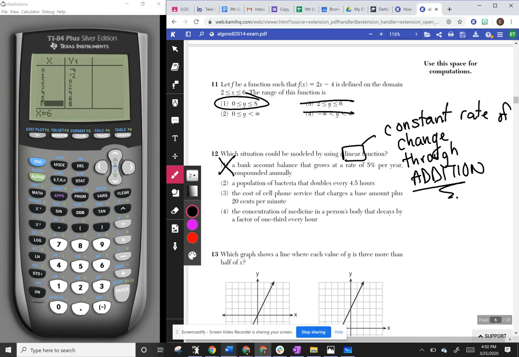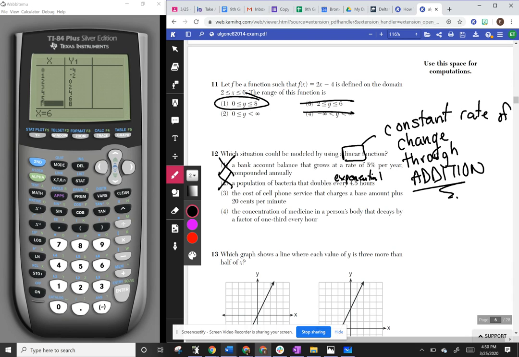When we're doubling, we're multiplying by 2. And while that will be constant, times 2 times 2 times 2, we need it to be constant through addition, not multiplication. If it's constant through multiplication, this is actually exponential.